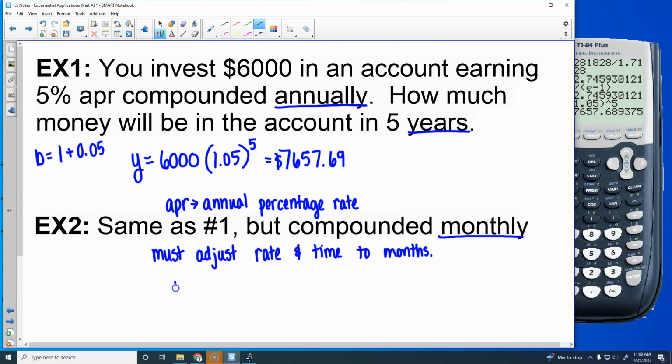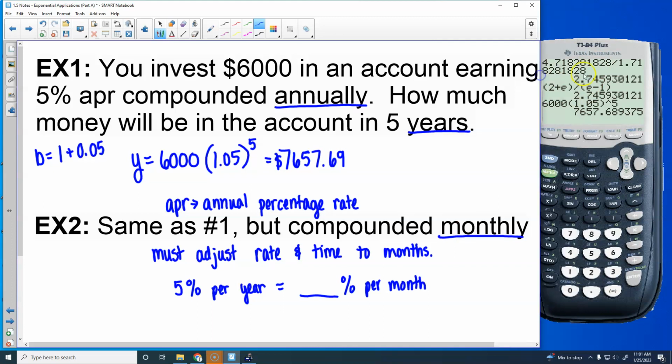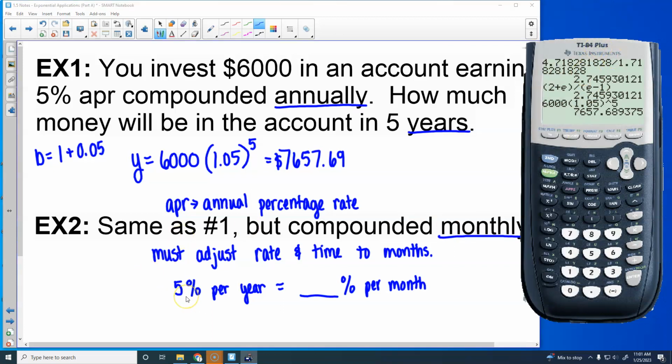So if I've got 5% per year, I need to know what percentage that is going to be per month, because I need my formula to be in months, right? So this is a really simple calculation, particularly if you have a calculator available, and it will be available to you. How many months are in a year? 12. So if I've got 5% per year, I can just take my 5% and divide it by 12.